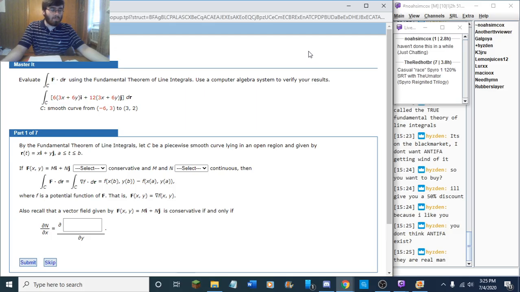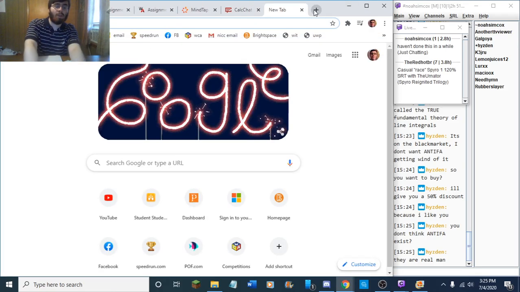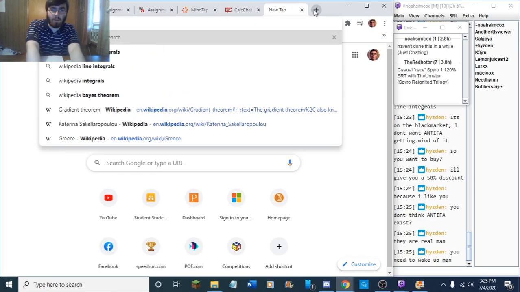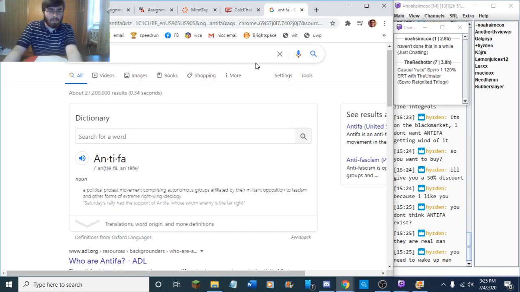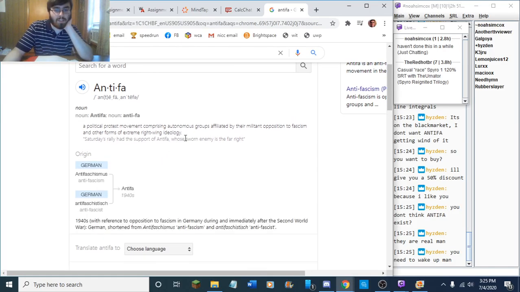Antifa, it's just a label that people give themselves. It's just a bunch of random people who have different ideas. But I guess you think Wikipedia is controlled by Antifa or whatever too. What is Antifa, in fact? Antifa is a political protest movement comprising autonomous groups affiliated by their militant opposition to fascism and other forms of extreme right-wing ideology.